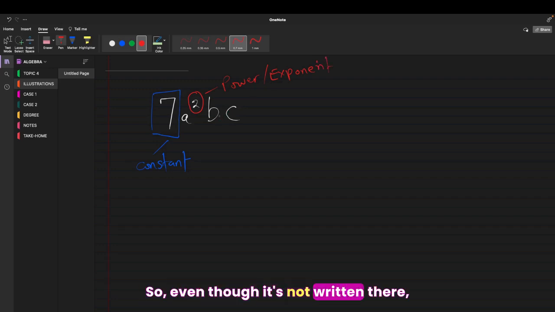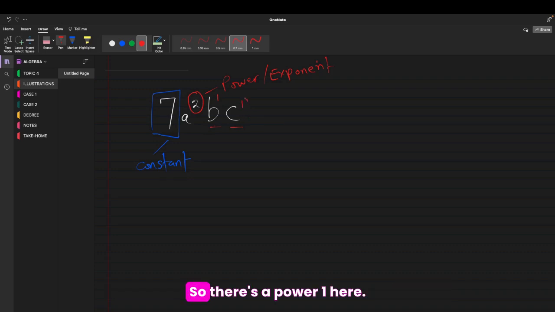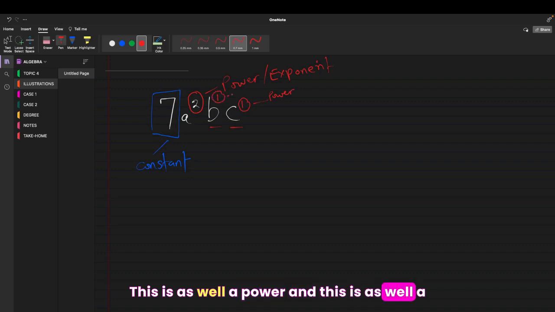So even though it's not written there, b and c have a power. It's just that it's not written there. It doesn't have to be written, it can be inferred. So b is the same thing as b raised to power 1, and c is the same thing as c raised to power 1. So there's a power 1 here. This is as well a power, and this is as well a power.